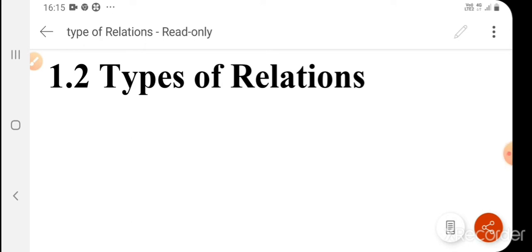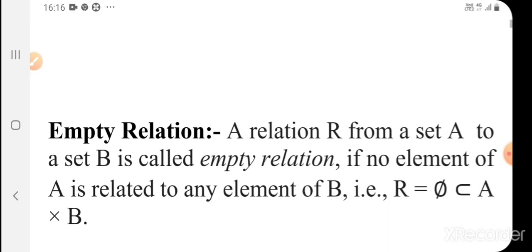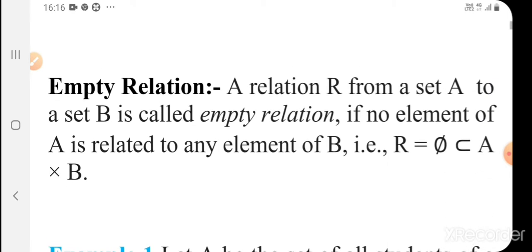First one is empty relation or null relation. So what is empty relation?